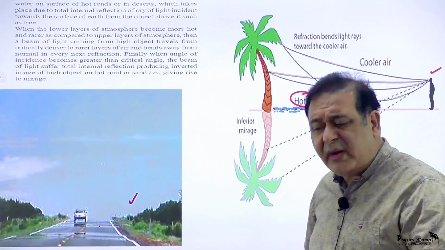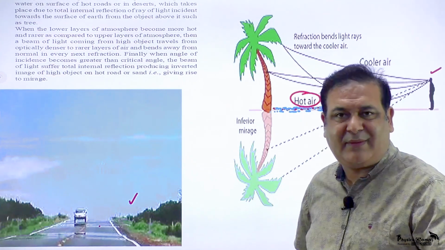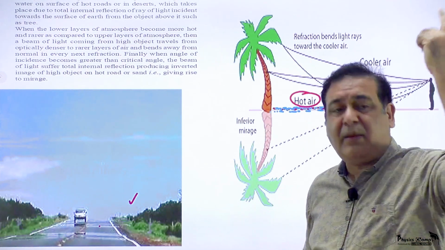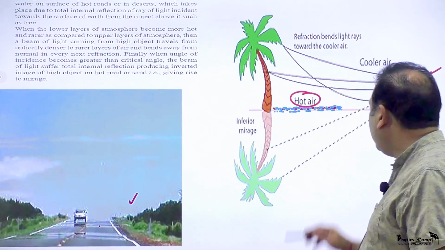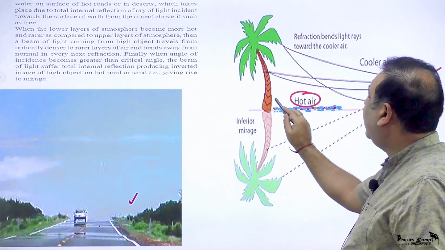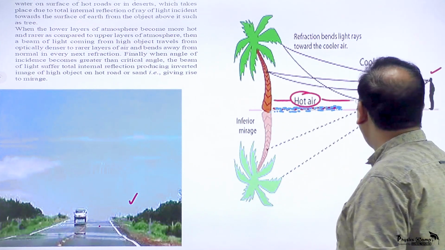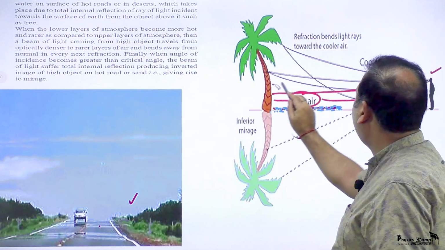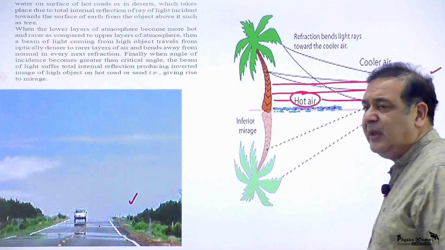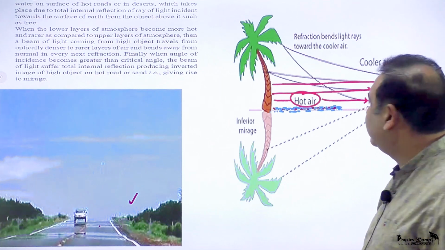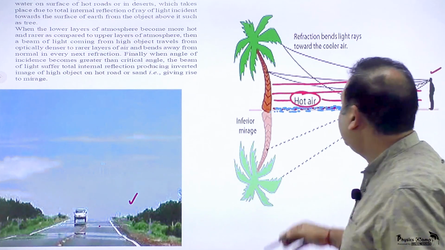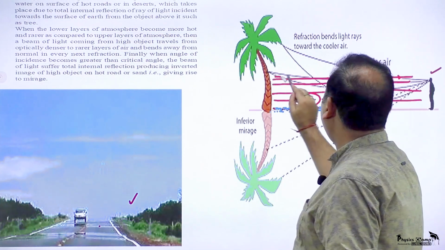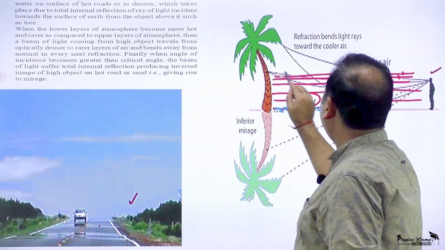So the lower layer of air gets very hot relative to the upper part of the atmosphere. Over here we observe rare layers. So the hot air is a rarer one. I show these rare layers by more gap between the layers. And as we move up, the temperature is relatively low, so the density of air increases as we go up.